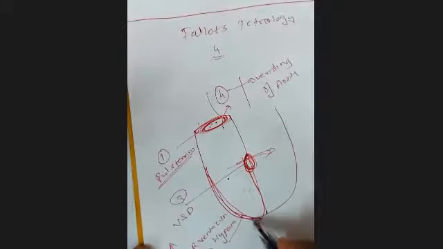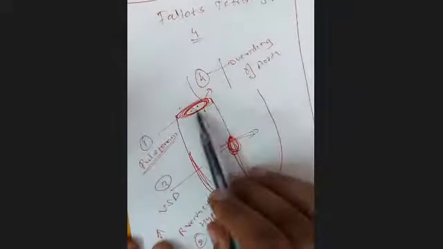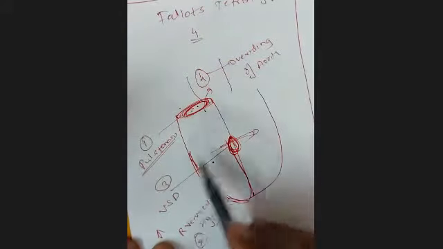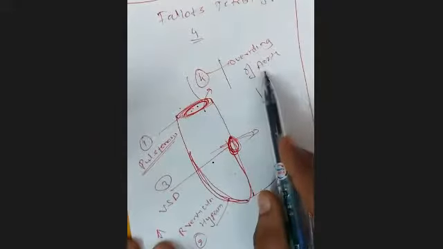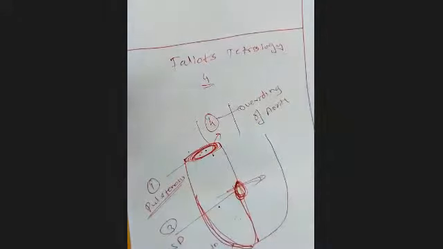Because there is right ventricular hypertrophy. Why is there right ventricular hypertrophy? Because there is pulmonary stenosis. So pulmonary stenosis, right ventricular hypertrophy, VSD, and overriding of the aorta. These four conditions together cause Fallot's tetralogy. In Fallot's tetralogy, there is cyanosis of the patient, and it is also many times called blue baby syndrome.